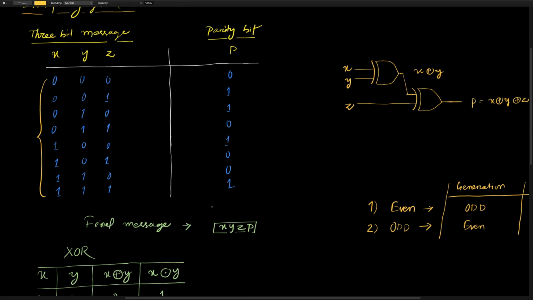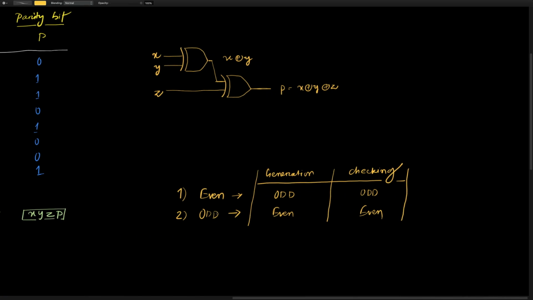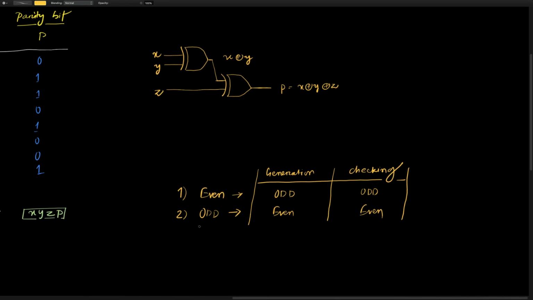Now there is a simple table here that shows you how to generate the parity bits. If you are going to follow even parity, you have to use the odd function, the XOR function, to generate the parity bit. This is for generation of the parity bit. If you are going to follow the odd convention, you have to use the even function.